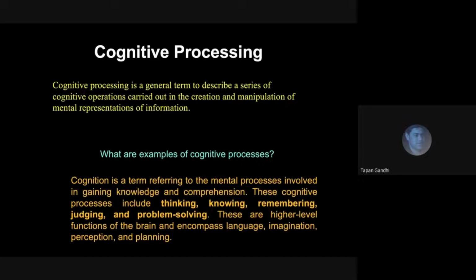Cognition is a term referring to mental processes involved in gaining knowledge and comprehension. These cognitive processes include thinking, knowing, remembering, judging, and problem solving. These are higher-level functions of the brain and encompass language, imagination, perception, and planning.